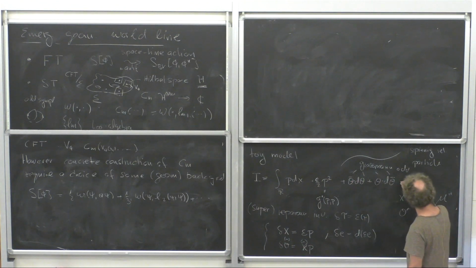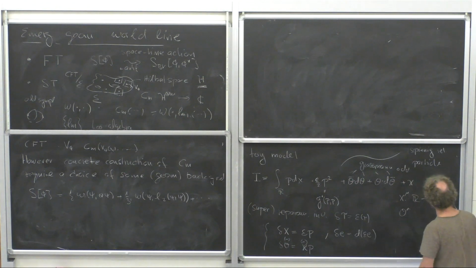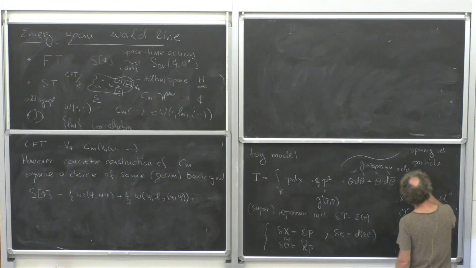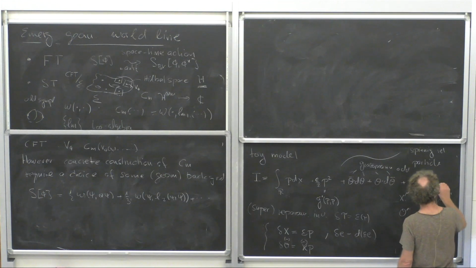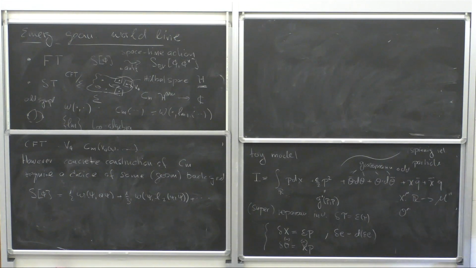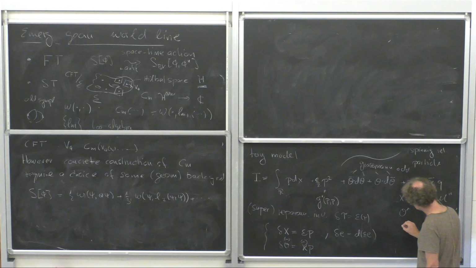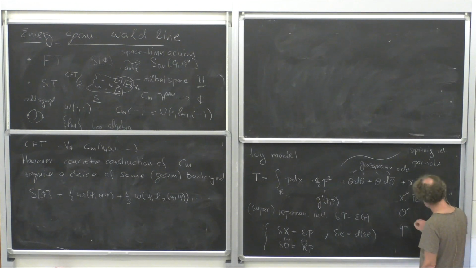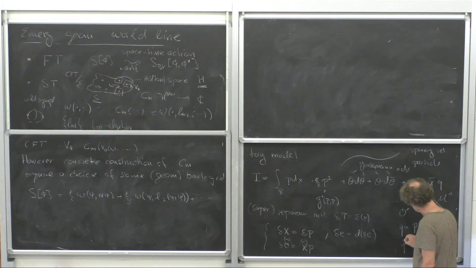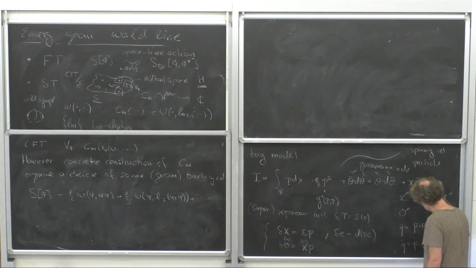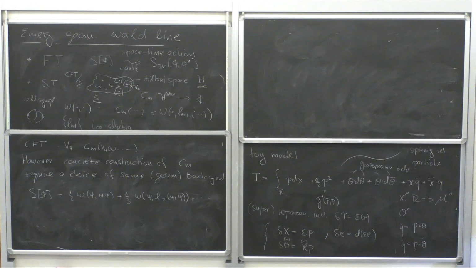I need to add gauge fields or Lagrange multipliers chi q bar plus chi bar q, where q is equal to p times theta, and q bar is equal to p times theta bar.